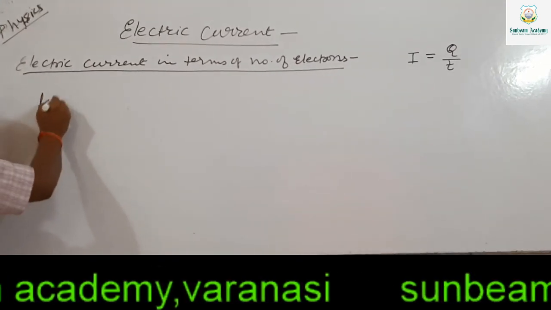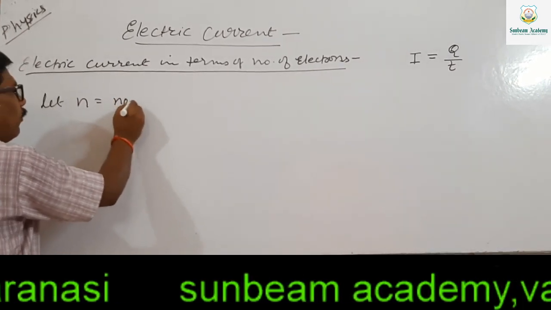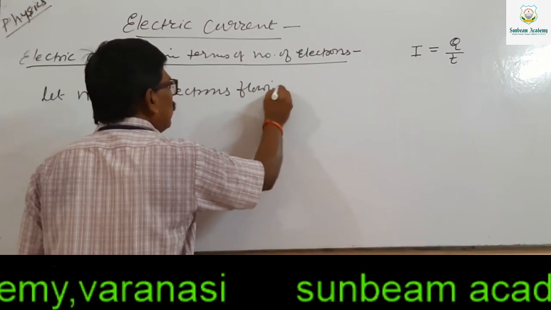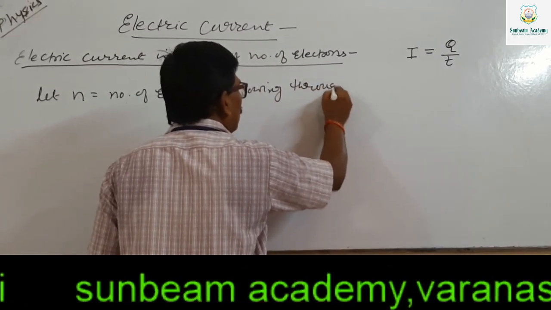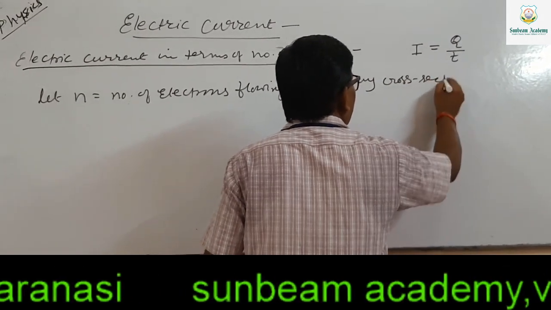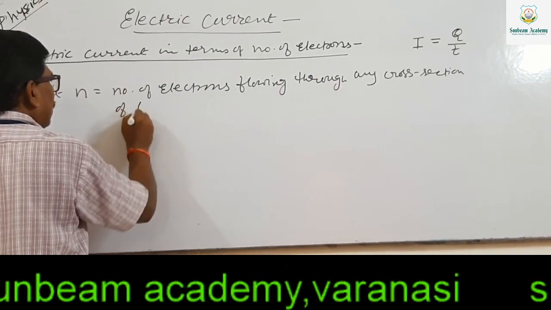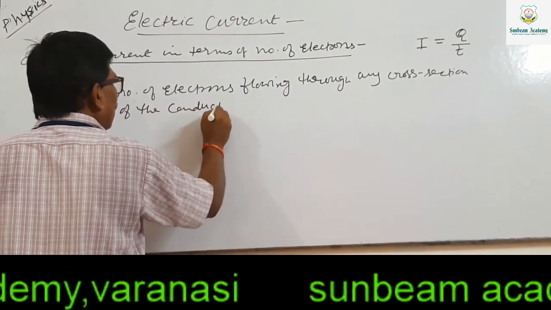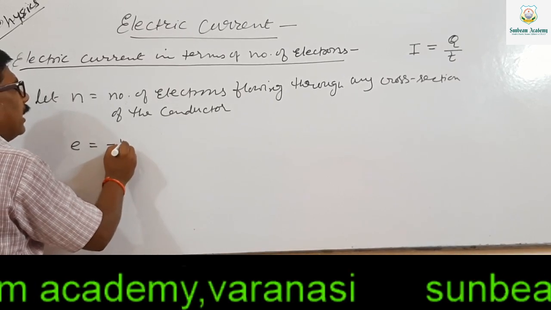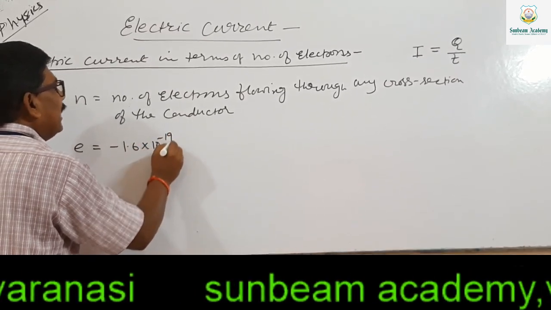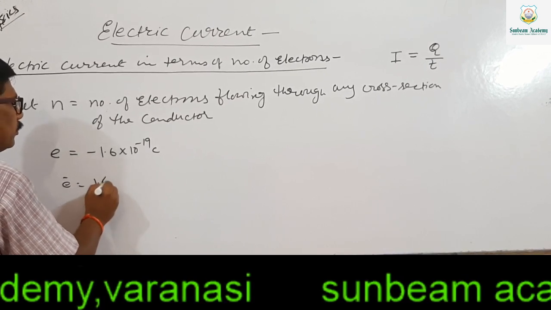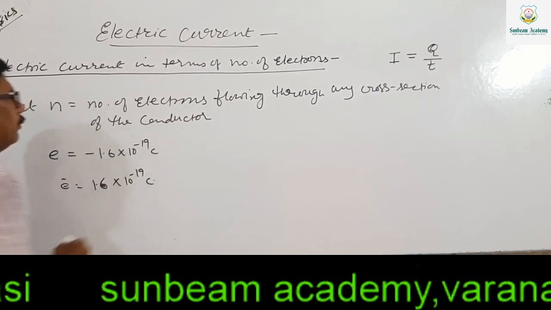Let N be the number of electrons flowing through any cross section of the conductor, and e is the charge on an electron, that is minus 1.6 into 10 to the power minus 19 coulomb, or its magnitude we will take, that is 1.6 into 10 to the power minus 19 coulomb.